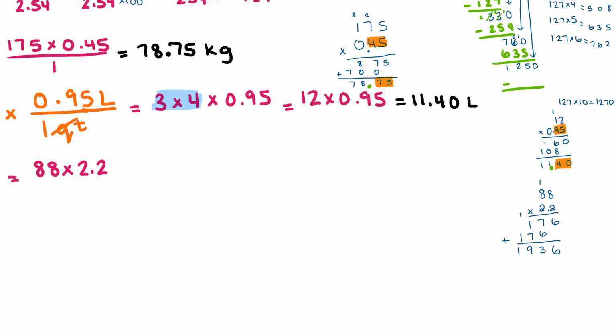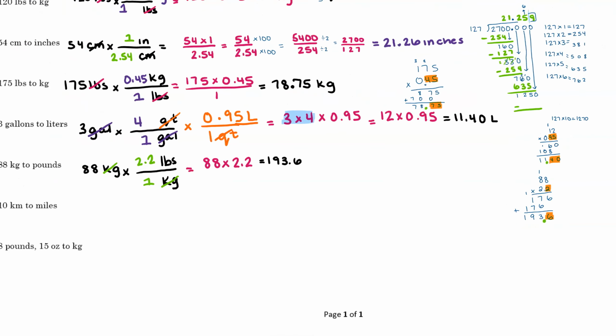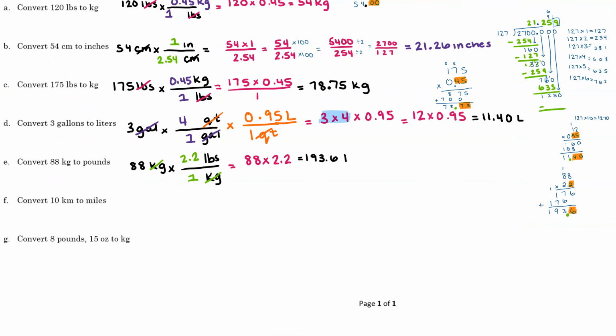So I have 1936. Now in this one, 2.2, there was only one decimal, so there will be only one decimal in my final answer. That decimal will go here. So my final answer is going to be 193.6, and we were converting to pounds.